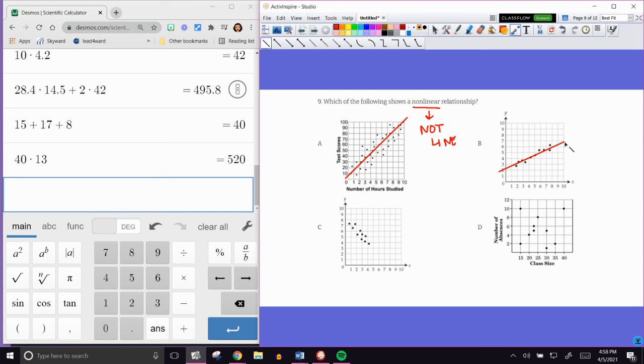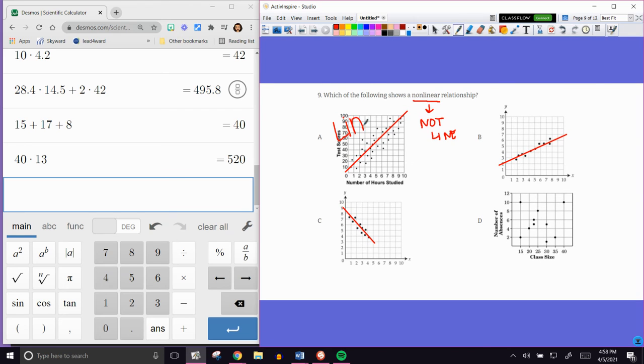B, again, I could draw a line. My dots pretty much look like that. C, I can draw a line. D, I cannot draw a line there. Because I cannot put a line going through my dots that follow the dots, that makes D non-linear.